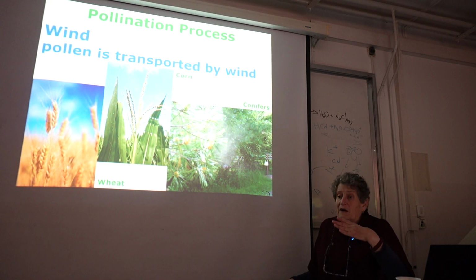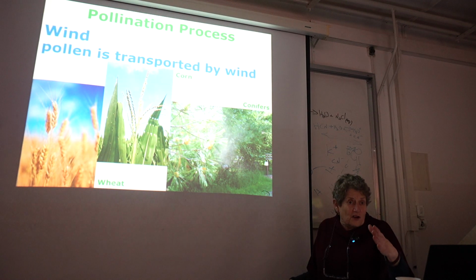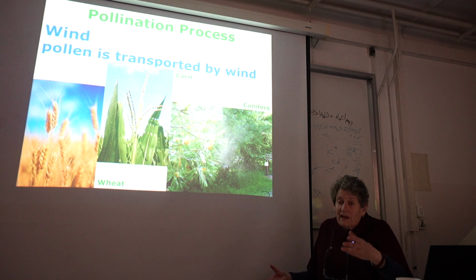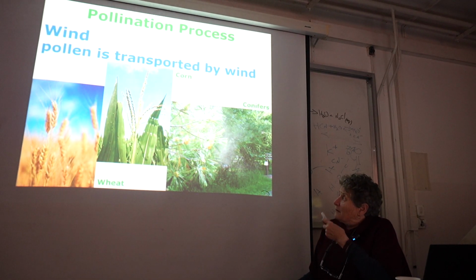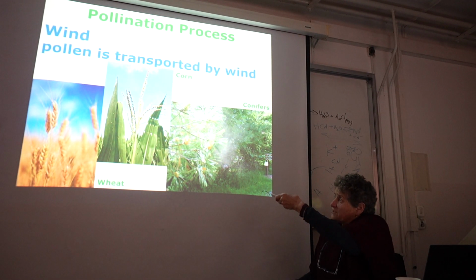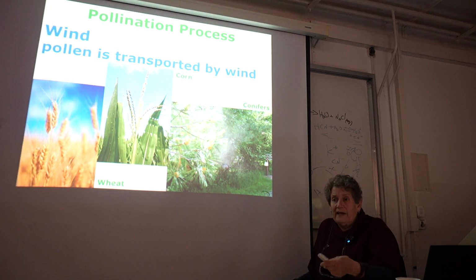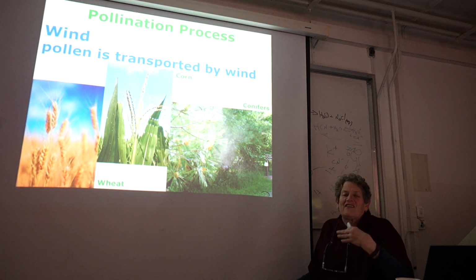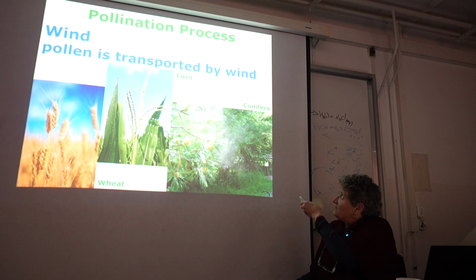This is typical, by the way, of most of the conifers. Most of the pine trees are pollinated by wind. And most of the grains also, wheat and oats. The natural species are all pollinated, in this case, by wind.